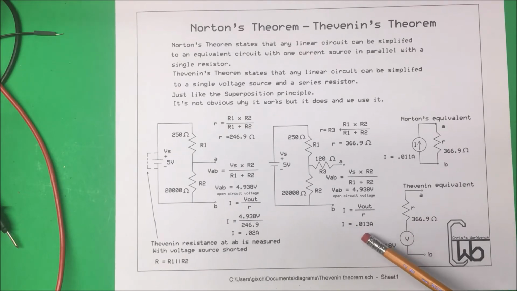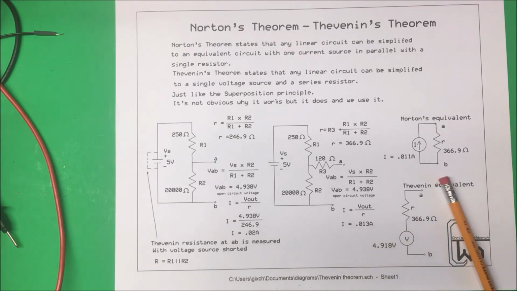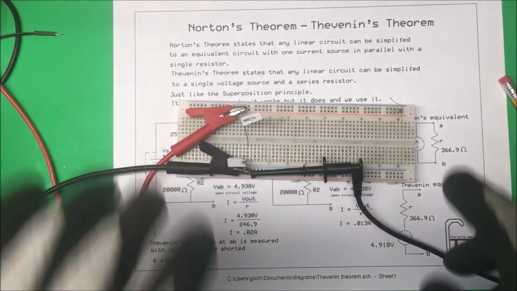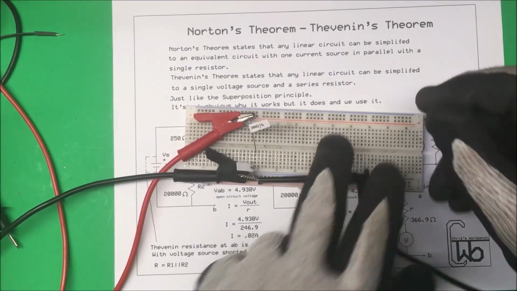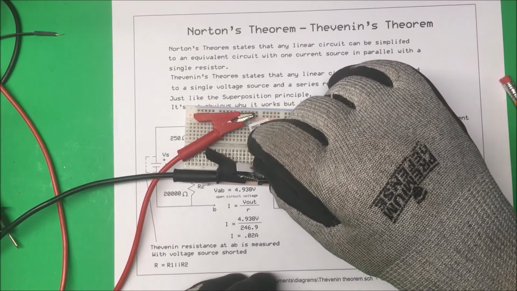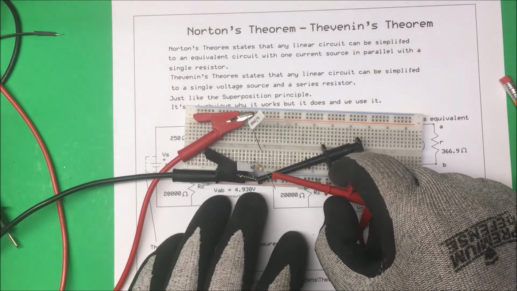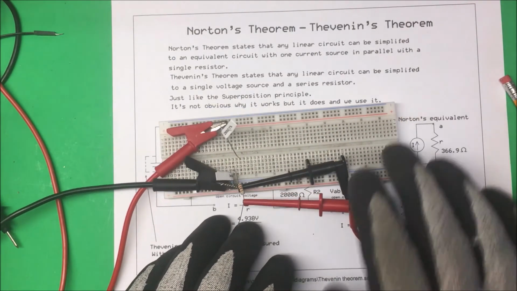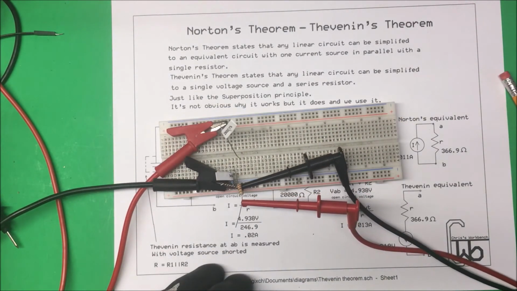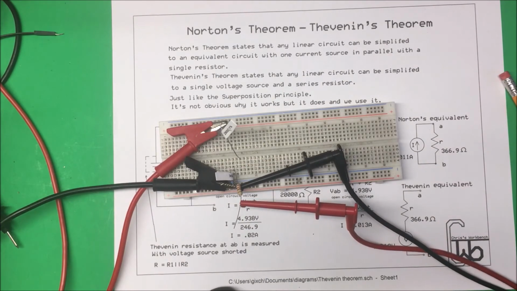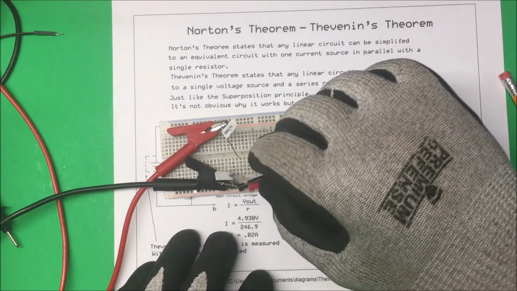Okay, so let me see here. There's the circuit again. This is a 120 ohm resistor, and I put that in there, and let's see what it does.